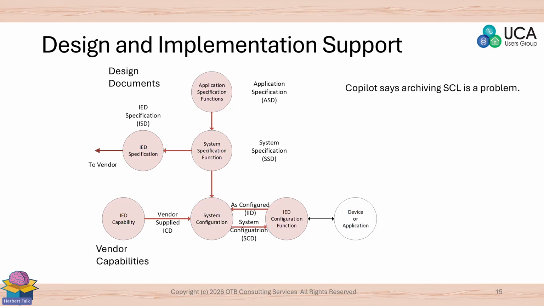That ASD can feed into a system specification function that you can then send out to a vendor as an IED specification, and then the vendor can respond on how they can meet that specification.